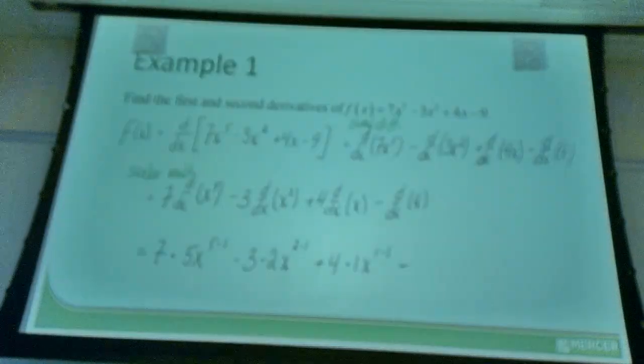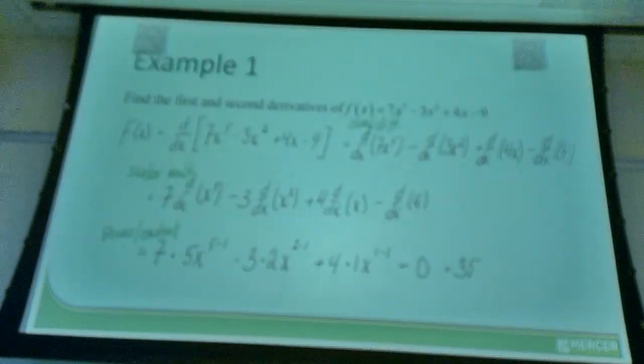Hardest derivative of the whole semester. What's the derivative of 9? 0. 9's a constant. Do we need to show all these steps?